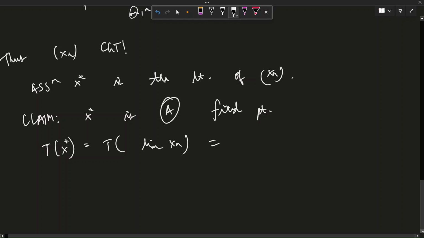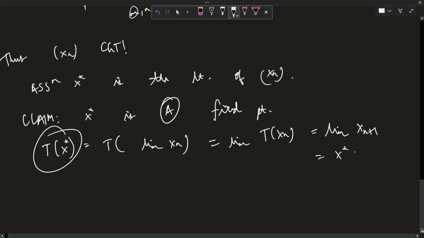Since T is continuous, this limit can be moved inside the argument of T and outside of T, because every contraction map is continuous. Now I apply the definition of T on xn: I simply get the next element in the sequence. This has the same limit as xn, which is x star. And look what I got: T x star is equal to x star. So this holds true.